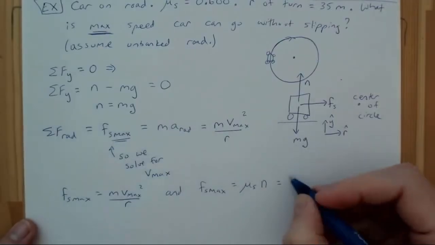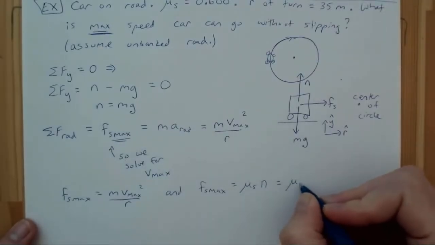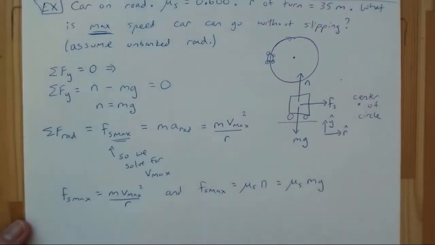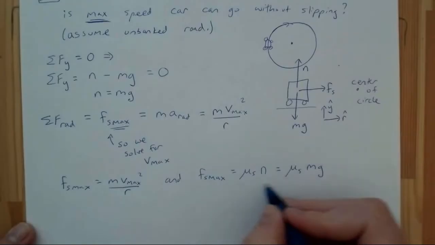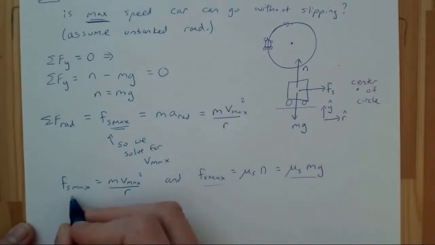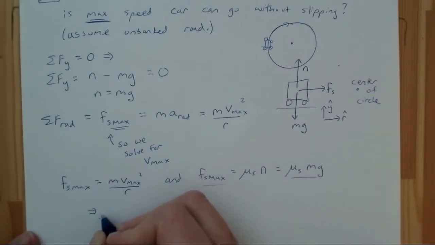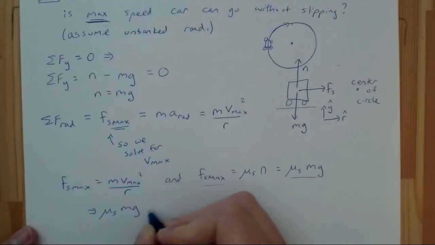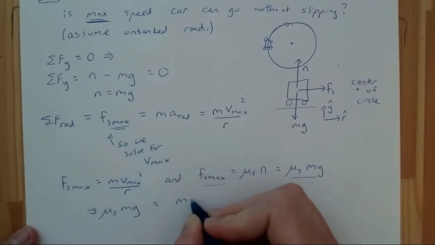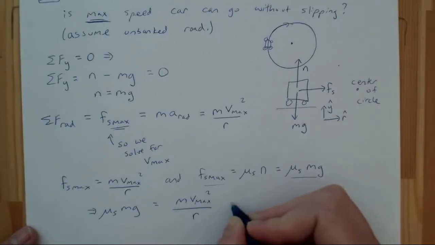We've already solved for n, so that's going to be mu sub s times mg. So we can then use this relationship for F sub s max, put it into this relationship here. So we end up with that mu sub s times mg equals m times v max squared over r.